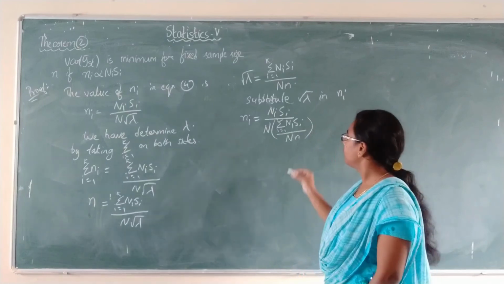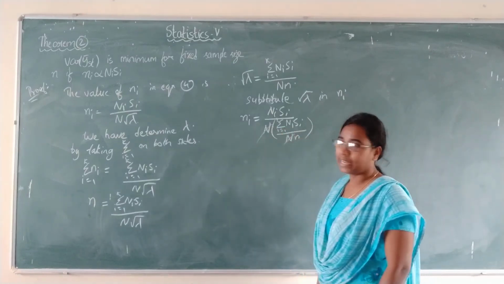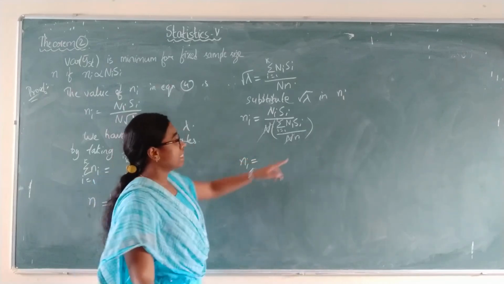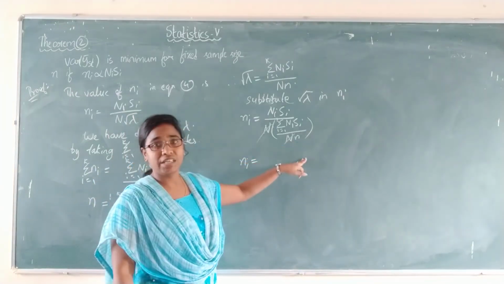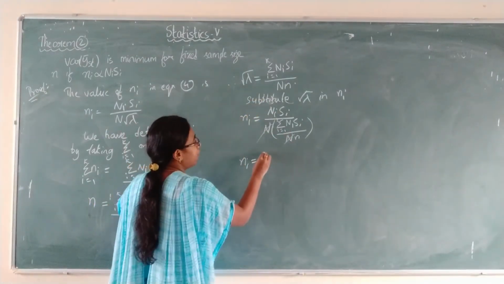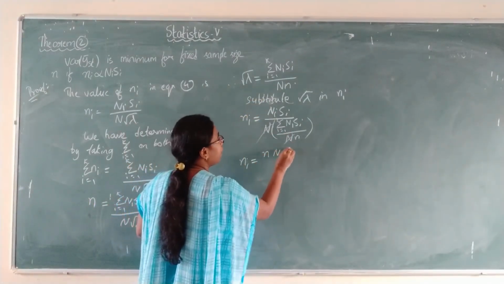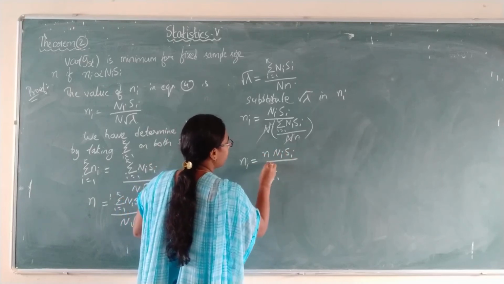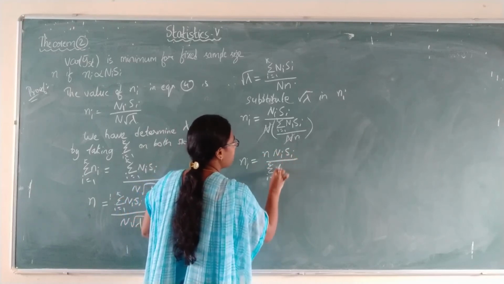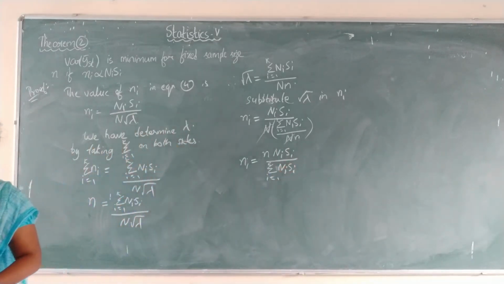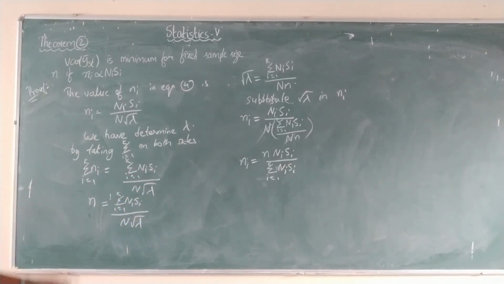If you observe here, capital N and capital N get cancelled. So ni equals: this n is in the denominator, so it becomes the numerator. So n into Ni Si by summation i equals 1 to k of capital Ni capital Si. This is the required sample size for the optimum allocation.